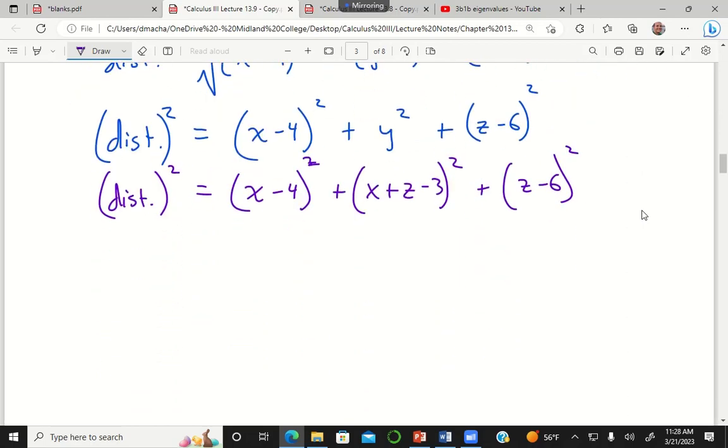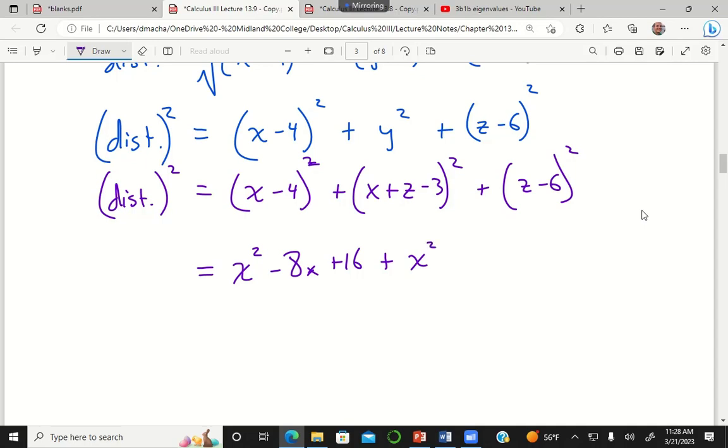So I'm going to simplify this by expanding everything out. Like (x minus 4) squared is going to be x squared minus 8x plus 16. This next thing squared is a little bit tougher to do, but we can do it.